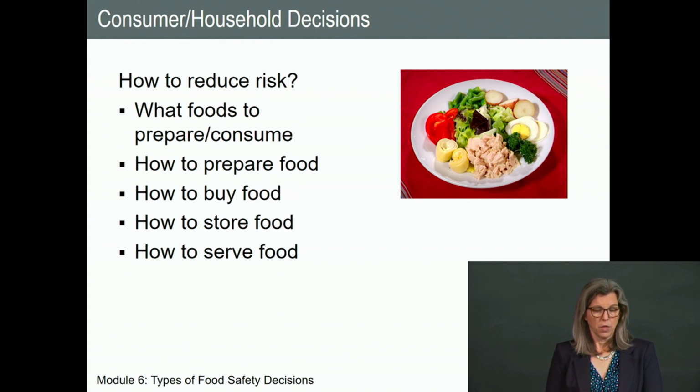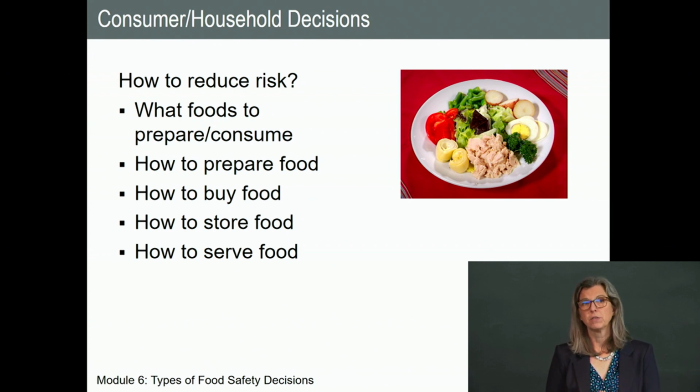So the way that you would think about this as a consumer would be to say, how do I reduce risk? And you have to have some understanding of what the risk is and how it can be reduced. So you're making decisions all the time as a consumer, and these may or may not be informed by food safety concerns at this point, but hopefully with good education and outreach and training, people can have information that will help them include food safety in their decisions about what foods to prepare and consume, how to prepare the food, how to buy food, that is who to buy it from, how to store food, and how to serve food.